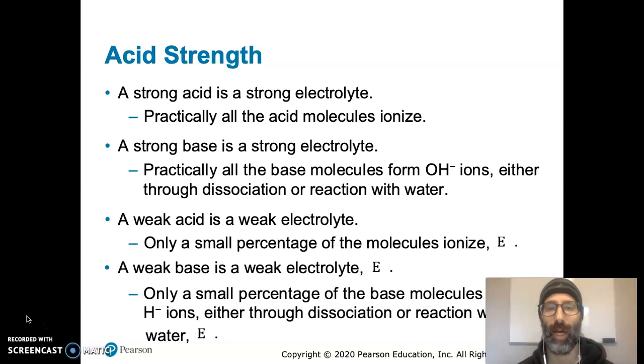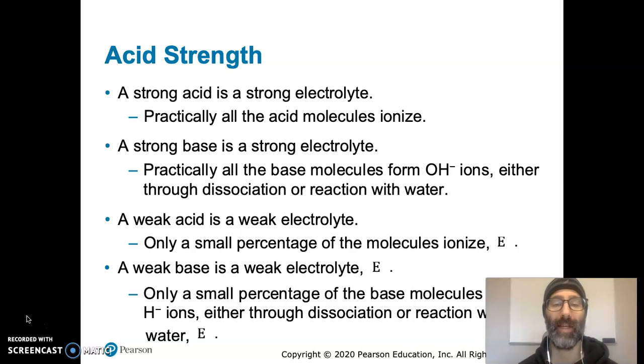The reason is that ionize means you're making ions. We don't use that for the dissolving of ionic compounds because they're already ions. They're not becoming ions, they are ions.